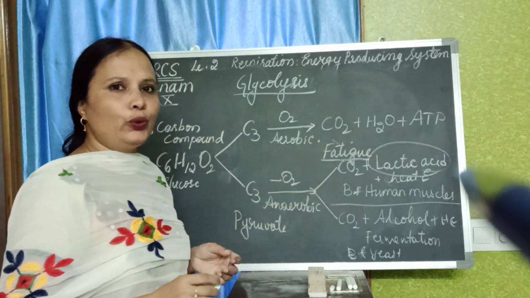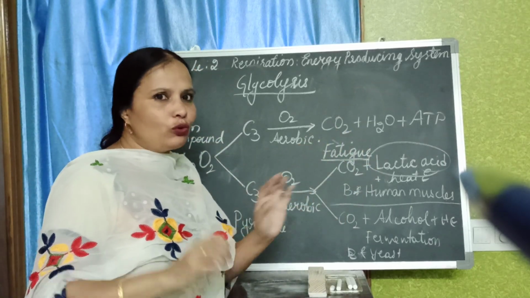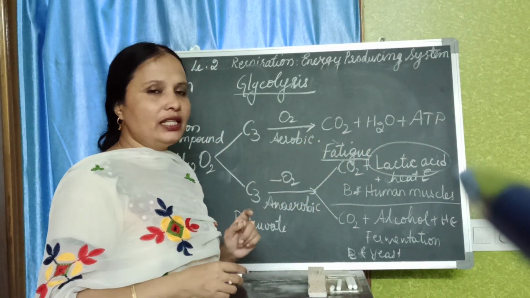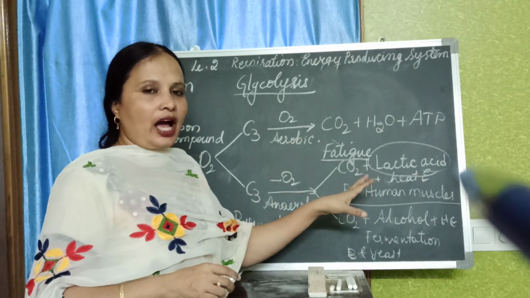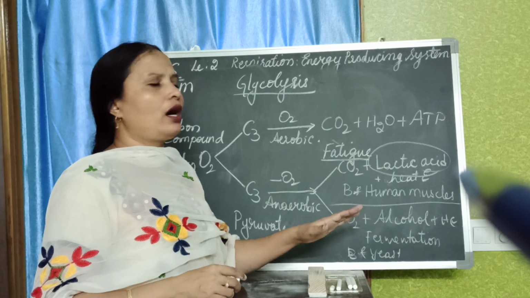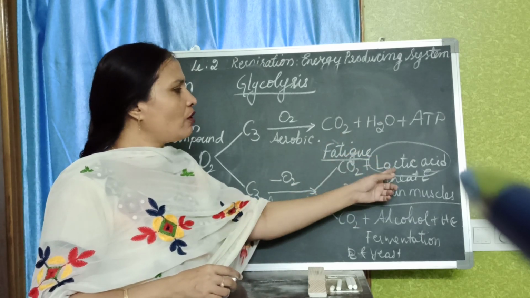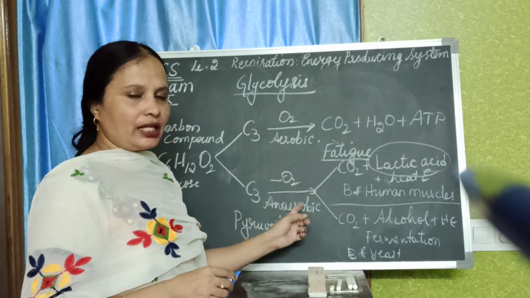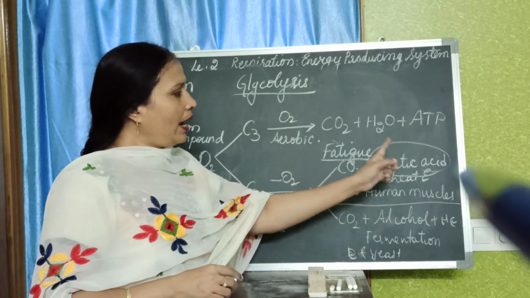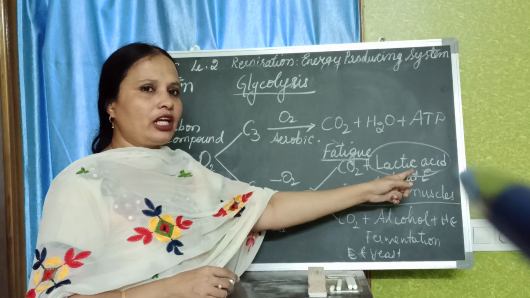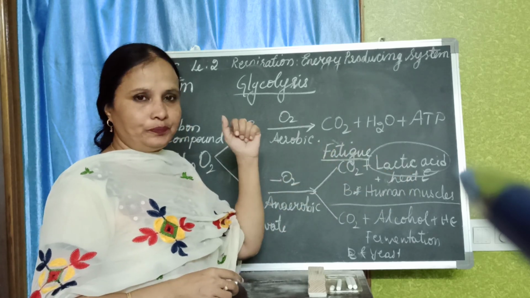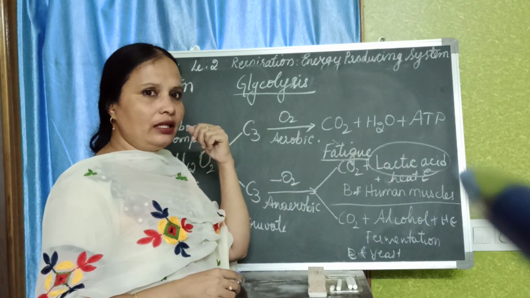Fatigue. U is wrong. The muscular pain after strenuous workouts is because of anaerobic respiration and accumulation of lactic acid. That muscular pain we call fatigue. Let's see once again.